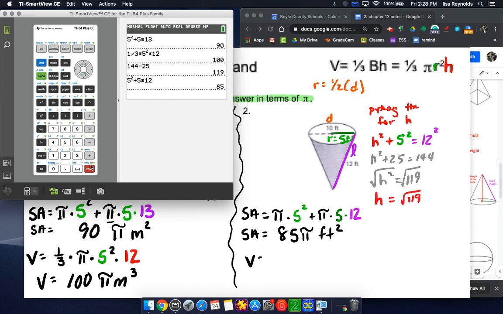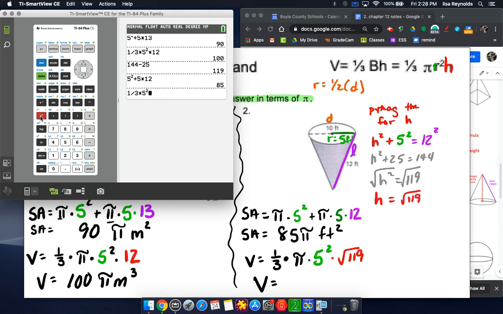For the volume, the formula is 1/3 times the area of our circle, which is pi, times our radius value of 5 squared, times our height value, which is the square root of 119. So we're going to calculate our volume. So 1/3 times our 5 squared.